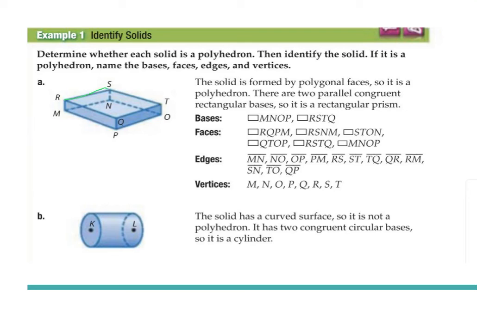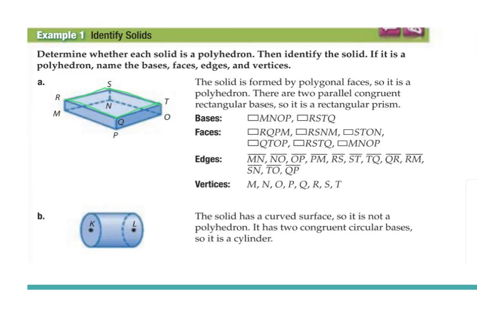So it would be like the cover of your cereal box. And then the faces would be all the other flat surfaces. The edges are all the lines. So if you were trying to draw this image in a 3D form, all the lines that are used to draw this image would be the edges, and the vertices are literally all the endpoints. So M, N, O, P, Q, R, S, T are all vertices.